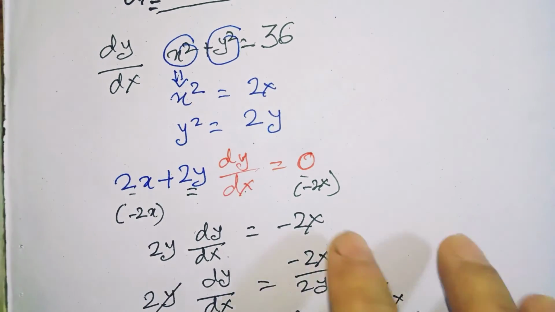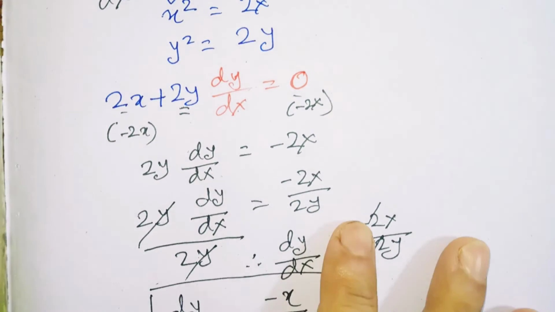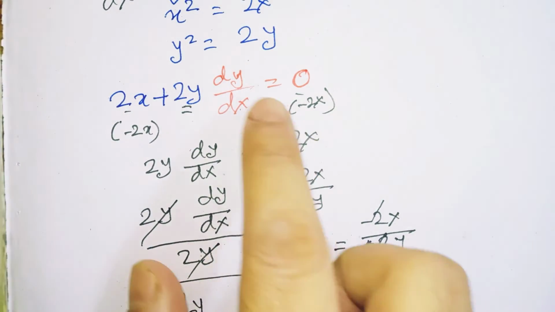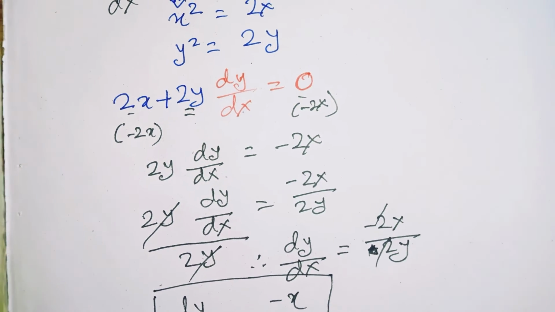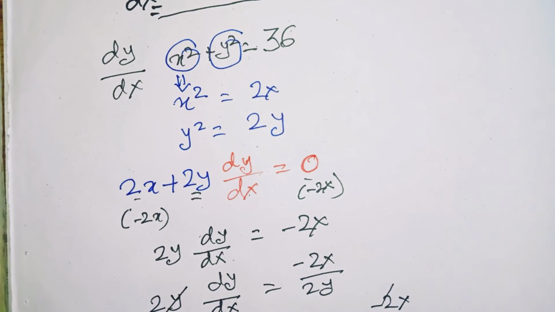And what you need to do is just attach dy by dx once you differentiate the second variable. I think this part is clear.